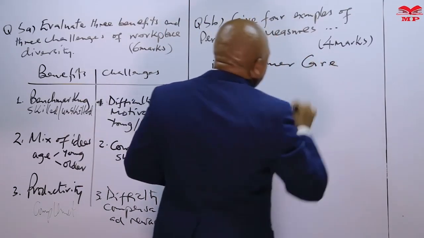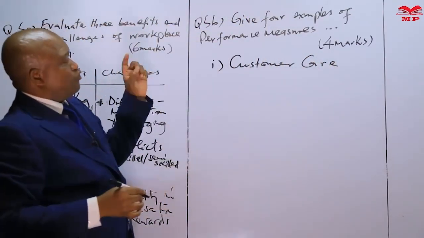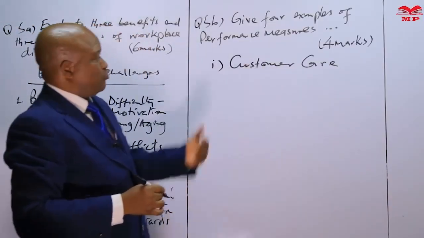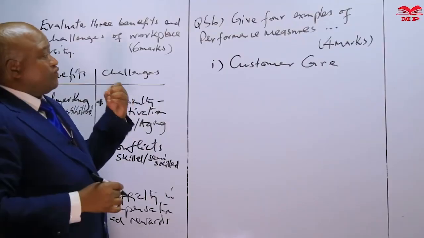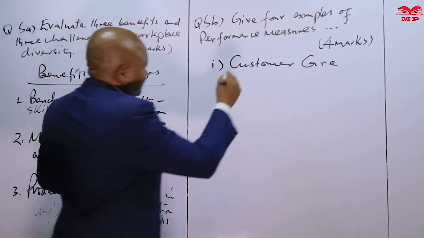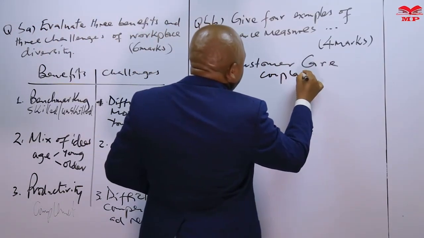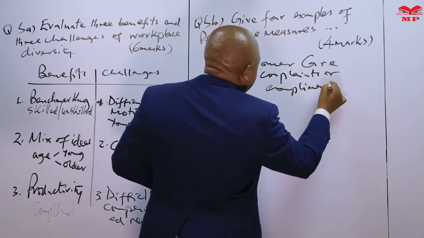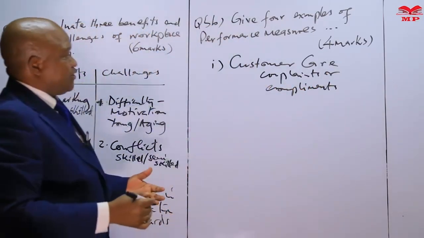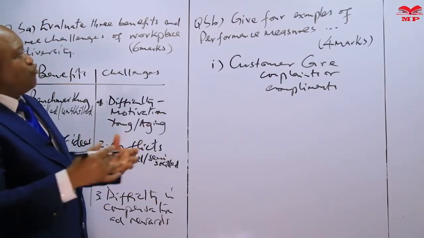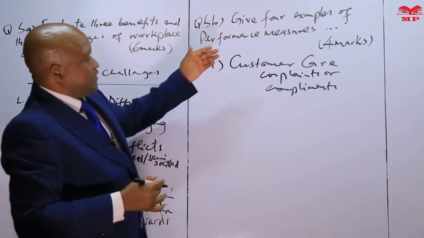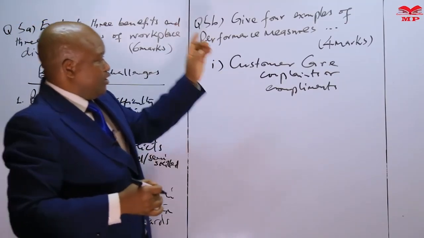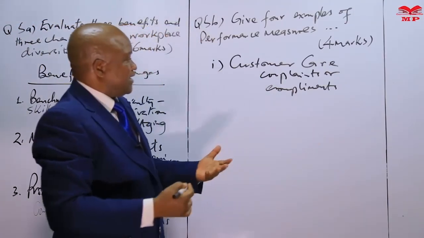So the level of customer care, if you have an employee who works in the customer care department, the level of satisfaction of customers, which could be indicated by the kind of complaints or compliments that are experienced in the customer care department, could be an indicator of whether the department is meeting the expectations of the customers and exceeding them, or their compliments that say the work they are doing is well.